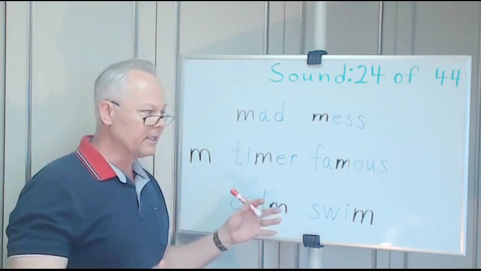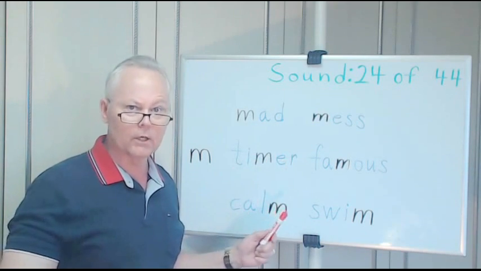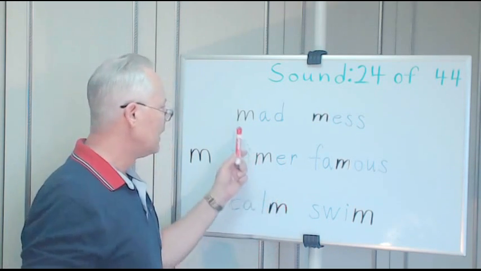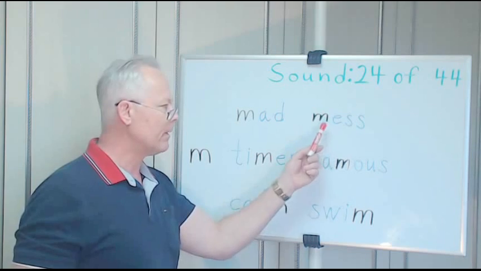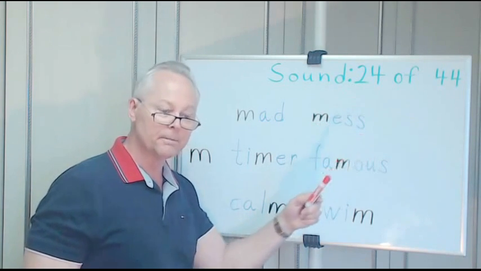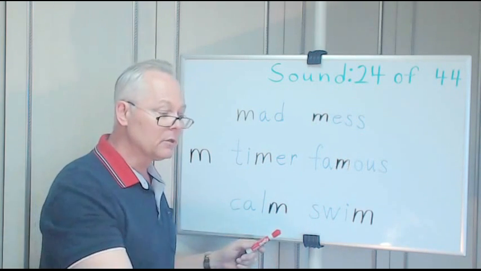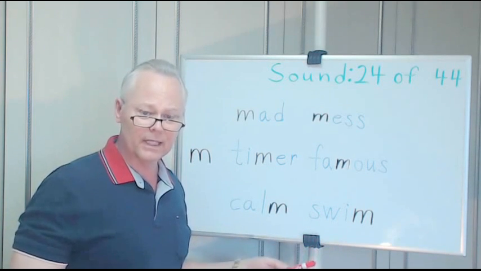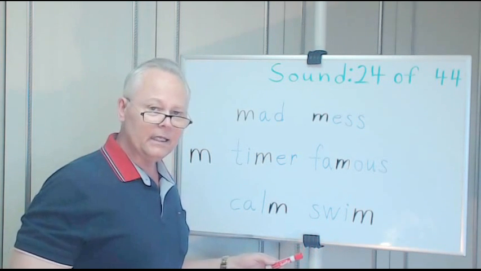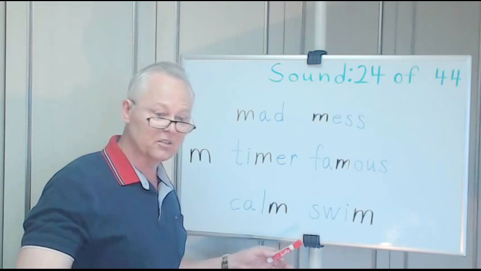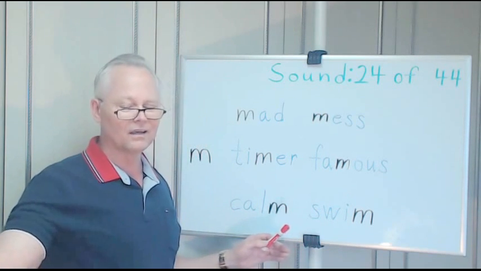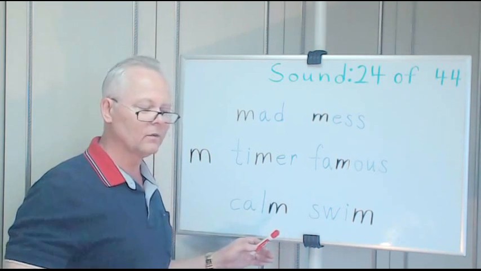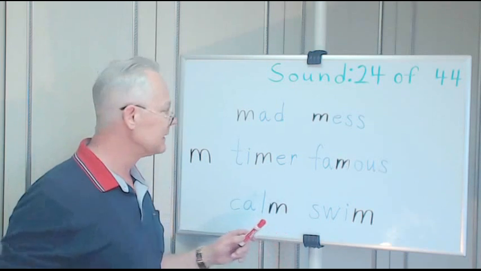Or perhaps it's a madman. He's running around doing crazy things. Mess. Perhaps a little kid was playing on the floor and made a big mess all over the place. Somebody was eating a bowl of cereal. They spilt it and the milk went everywhere. What a mess.